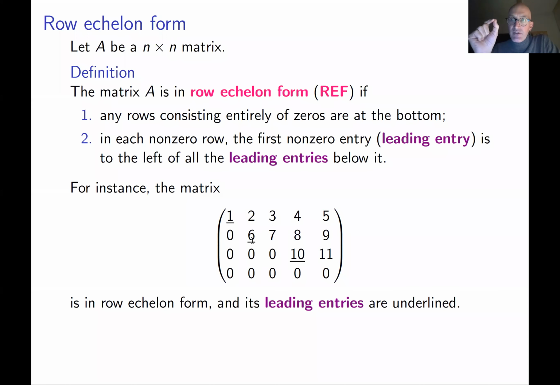If you take the leading entry of every row and take the corresponding column, all entries in this column below the leading entry must be 0. So your matrix should be in this shape. The leading entry of every row is to the left of all leading entries below it. This is why it's called row echelon form. It looks like an echelon.